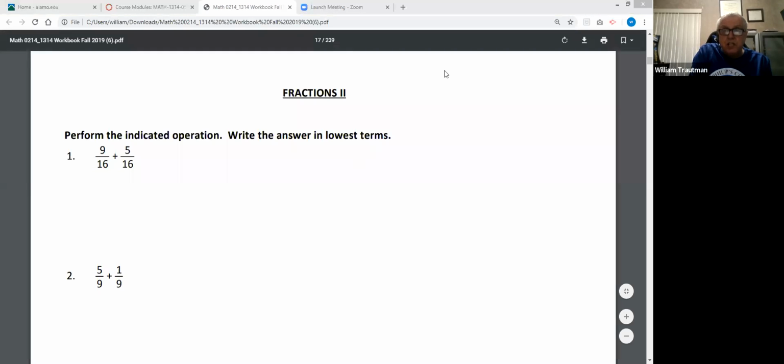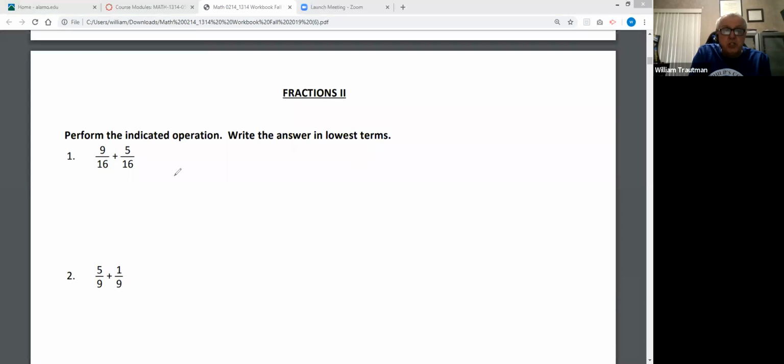Okay, so fractions 2. Adding and subtracting fractions. Add and subtract fractions when you have the same bottoms. And don't forget, another word for bottoms is denominator.